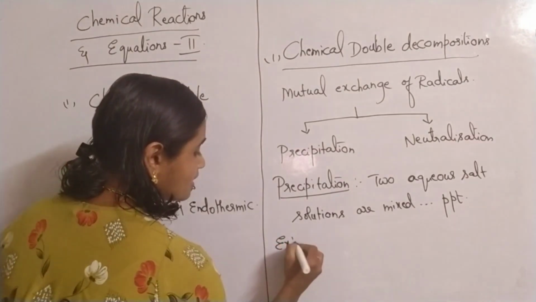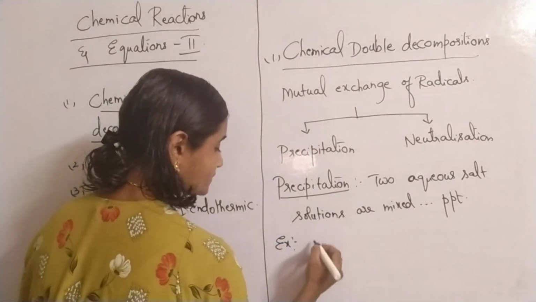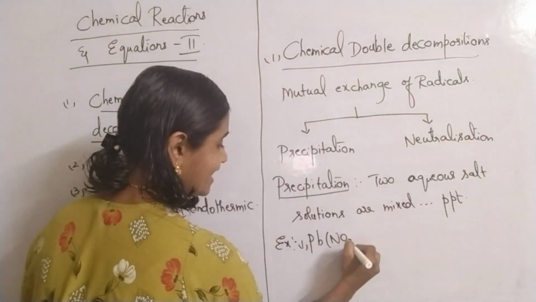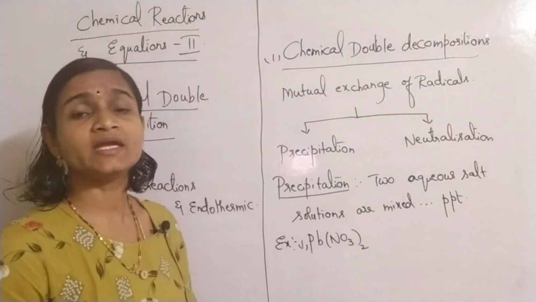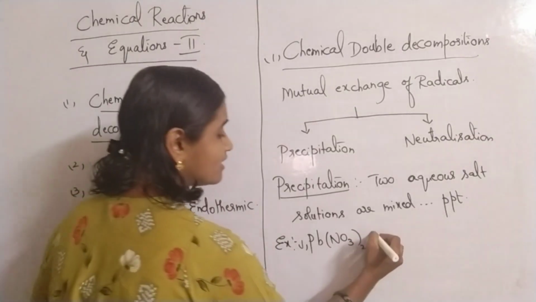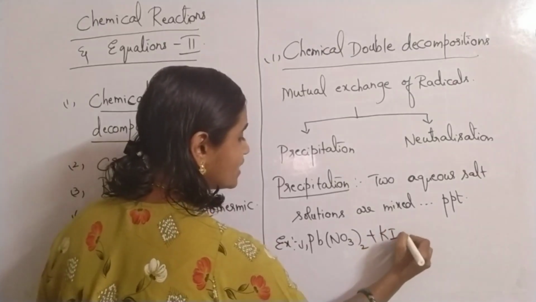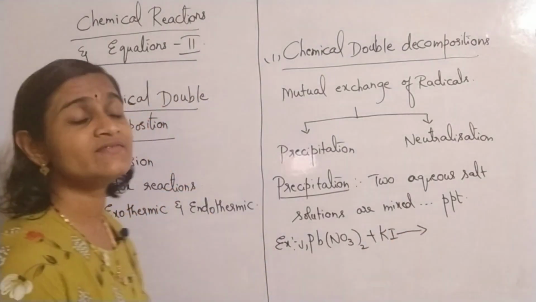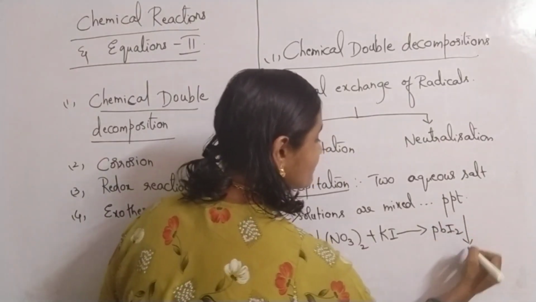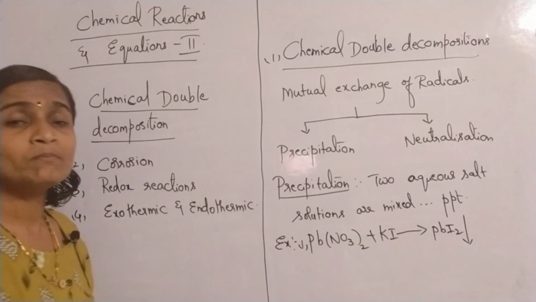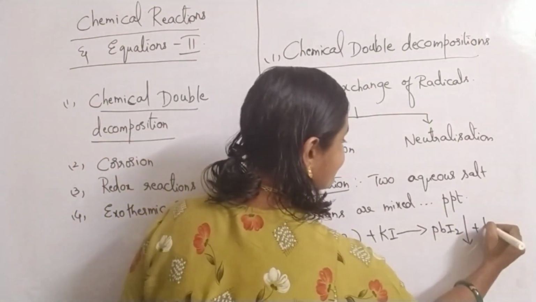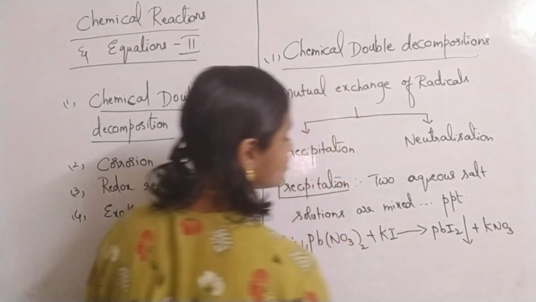Example 1: lead nitrate, Pb(NO3)2. When lead nitrate reacts with potassium iodide, KI, it gives rise to PbI2, which is the precipitate formed in this reaction, and along with that KNO3 is also produced.